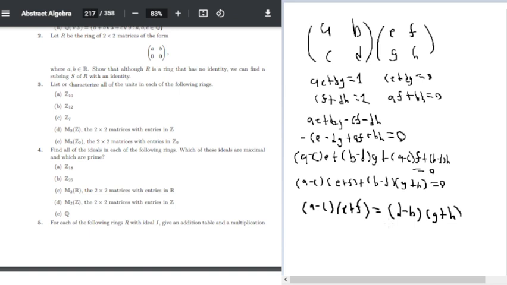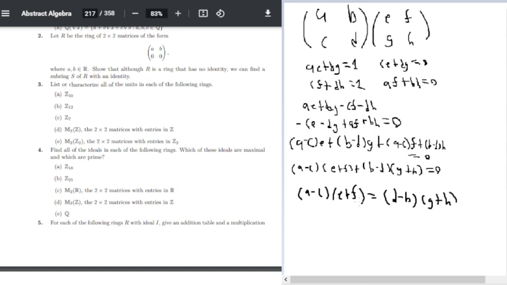I feel like there's something this should mean, but I'm not getting it yet. So let's work out some examples then, I suppose. If I work backwards through this, it's not necessarily true.